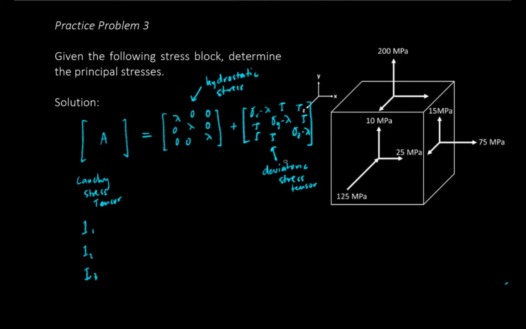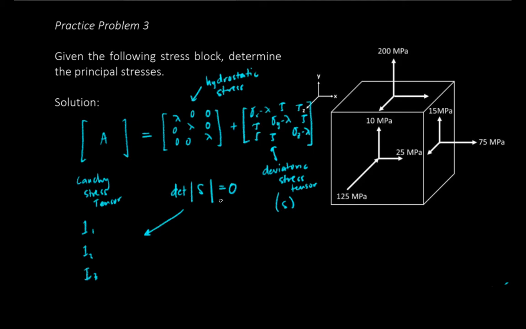So from the deviatoric stress tensor, using what we call an eigenvalue calculation, let's label this deviatoric stress tensor as the S matrix. If you equate the determinant of the deviatoric stress matrix to zero, then you actually end up with the different invariants, because it results in what we call a characteristic equation.